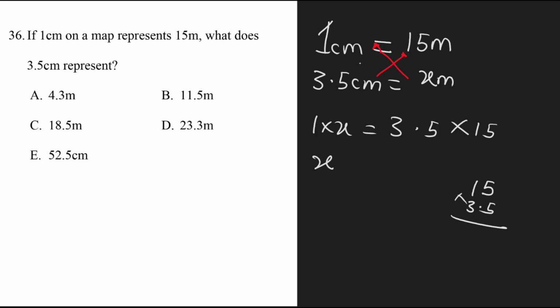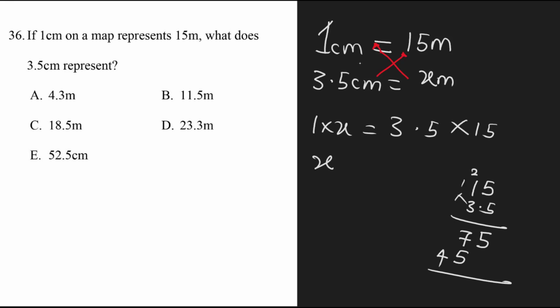So 5 times 5 is 25. So put 5, carry 2, right? Then 5 times 1 is 5, plus 2 is 7. Then now we say 3 times 5 is 15. Put 5, carry 1. 3 times 1 is 3, plus 1 is 4. So we have 4.